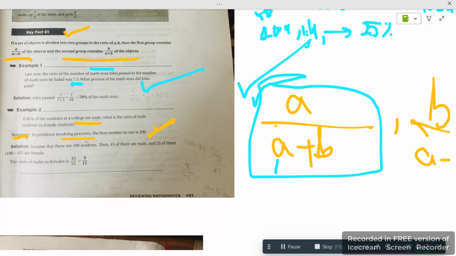So when we go towards the solution, 45% of the college students. Let's start here: there are 100 students in which 45% are male. So when we just do 100 minus 45, we get 55.